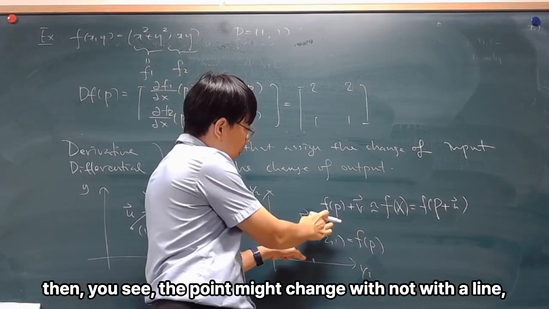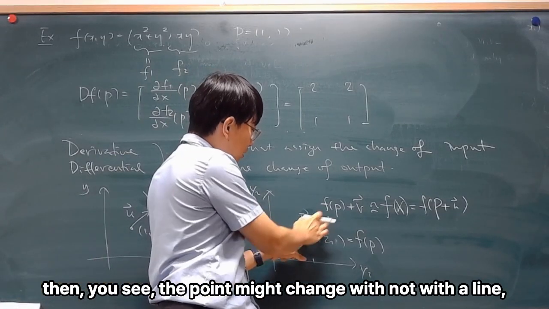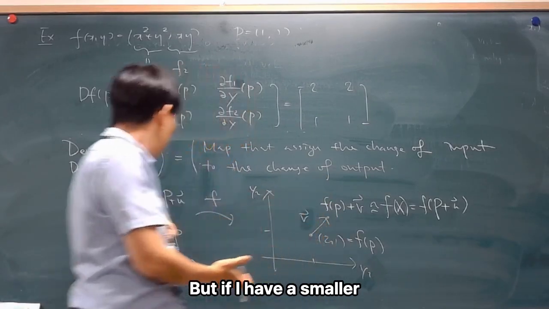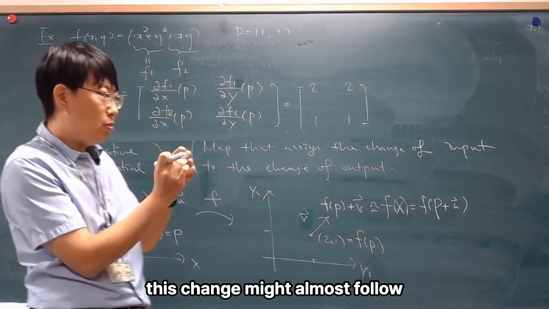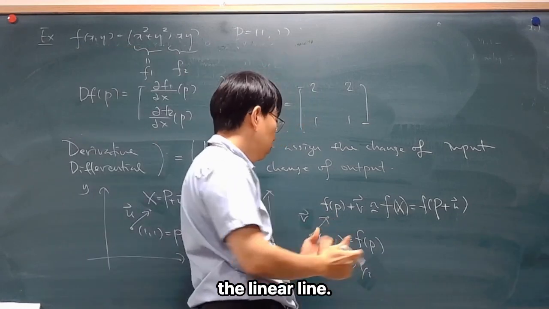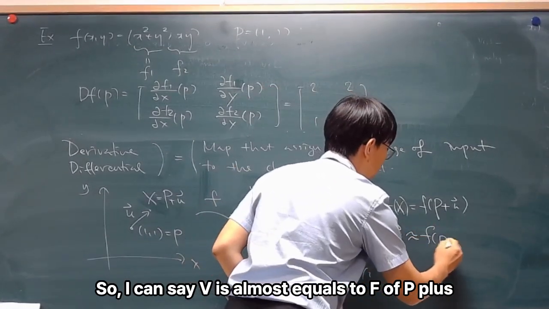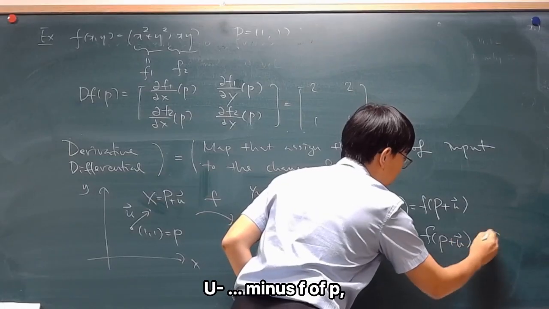You see, the point might change not with a line, but with some kind of curve. But if I have a smaller and smaller change, this change might almost follow the linear line. So I can say v is almost equal to f of p plus u minus f of p.